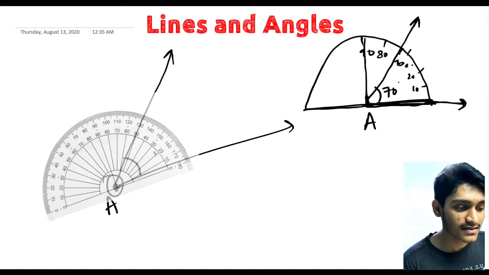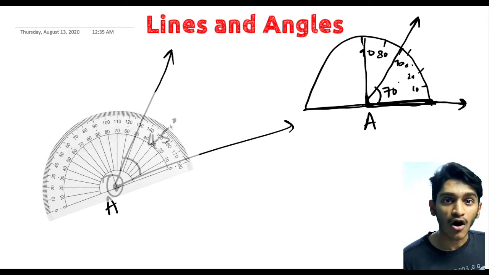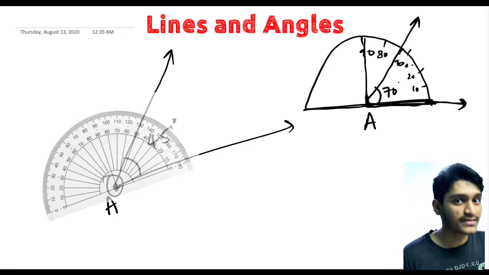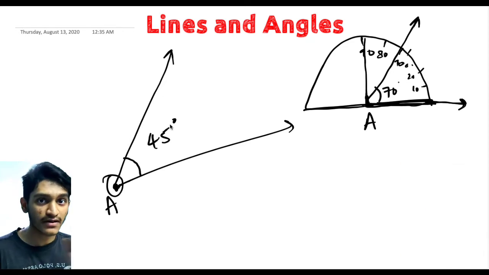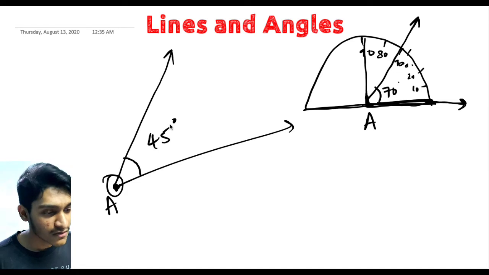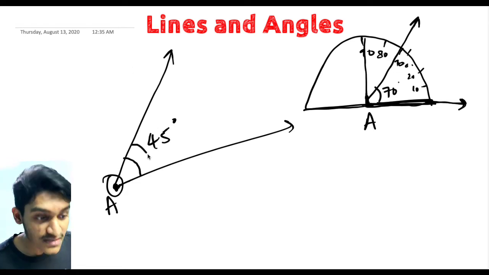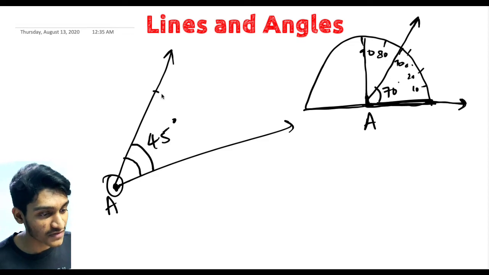Now let us consider that the angle between these two rays is 45 degrees. What does this 45 degrees exactly represent? An angle usually measures or represents the distance between these two rays. How does it measure the distance? If you draw an arc, like a semicircle, then this arc is exactly 45 degrees.